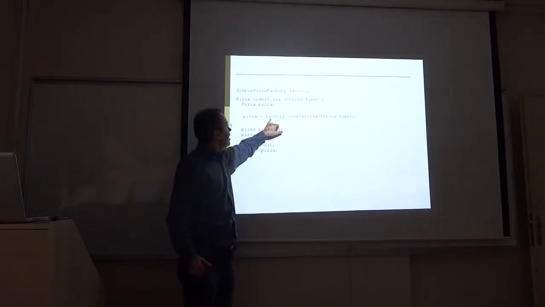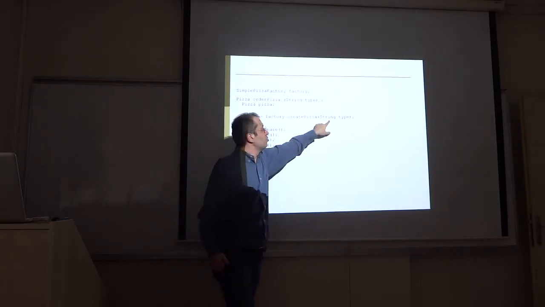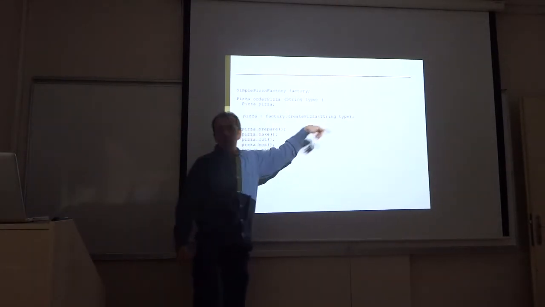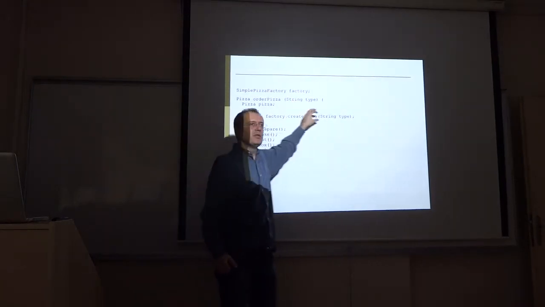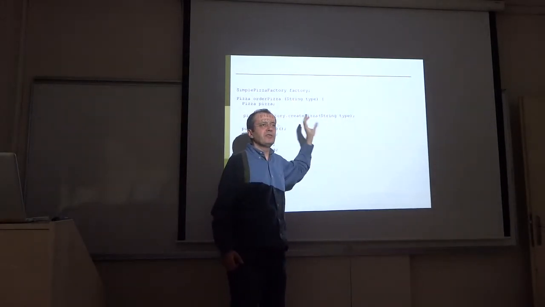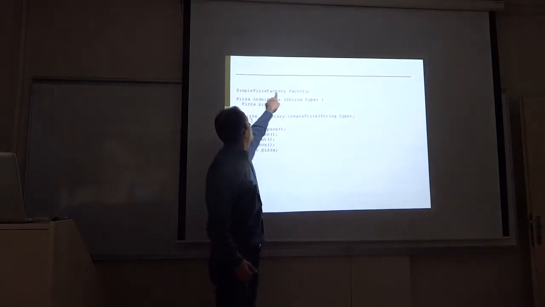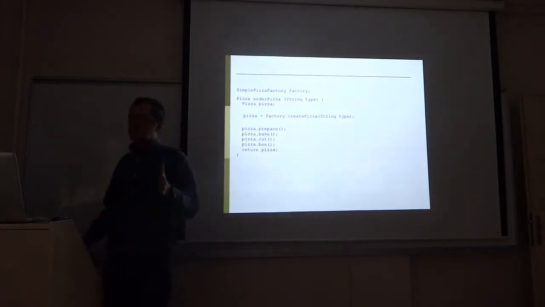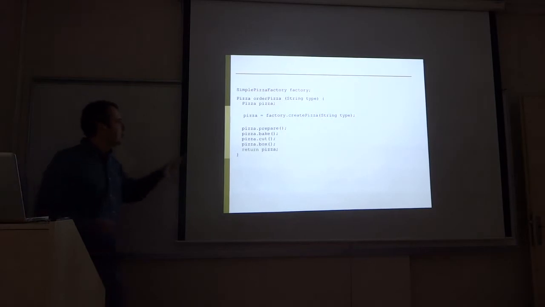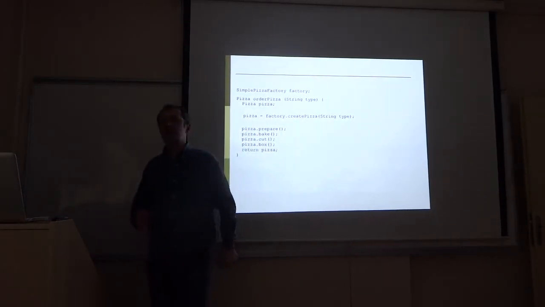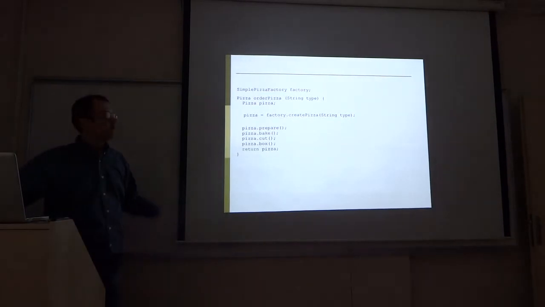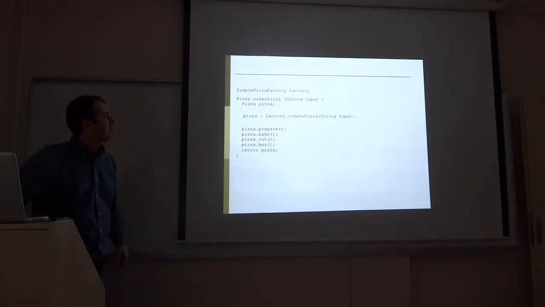And this factory is creating the pizza depending on the type of pizza that I'm giving to it. So I am getting rid of all of this and putting all the if analysis into the simple pizza factory. So this is the simple one, as the name says. And then what I do is I prepare, bake, cut, box, and ship the pizza. So this is my order pizza function.